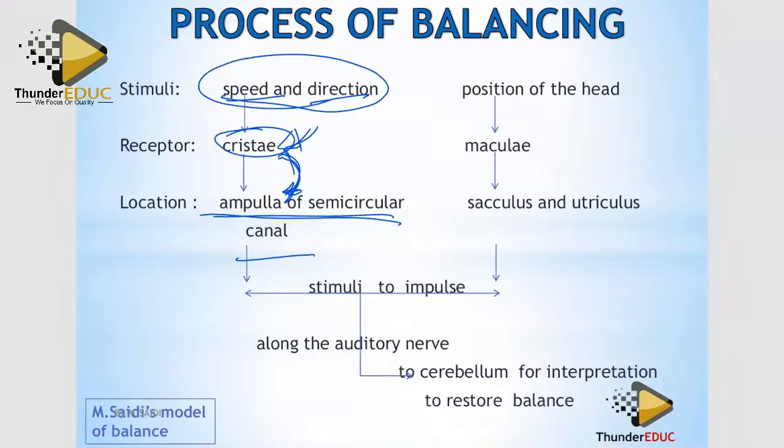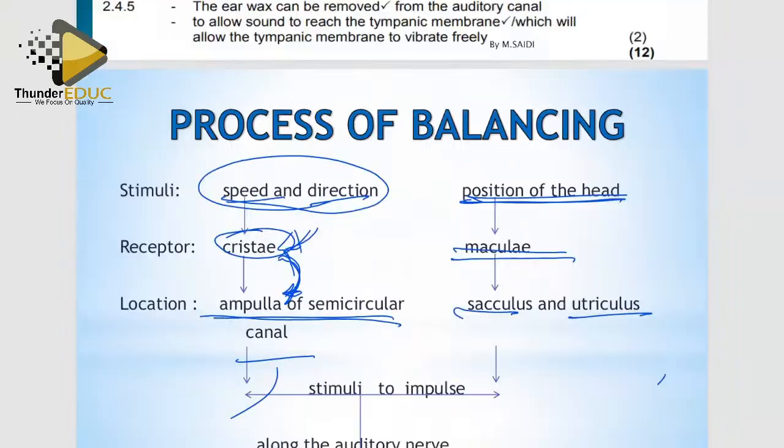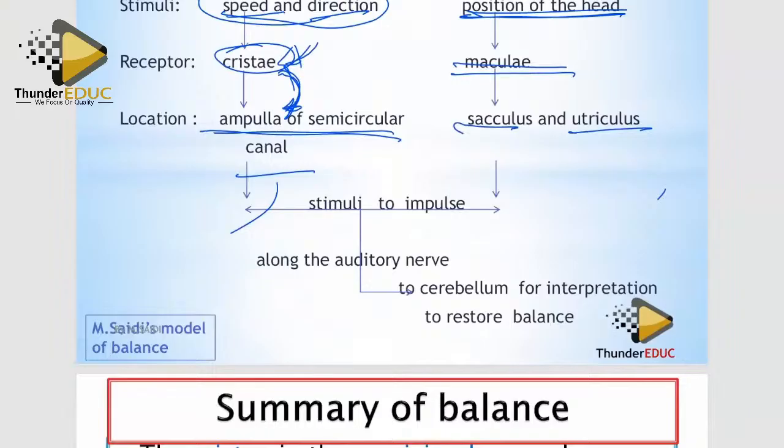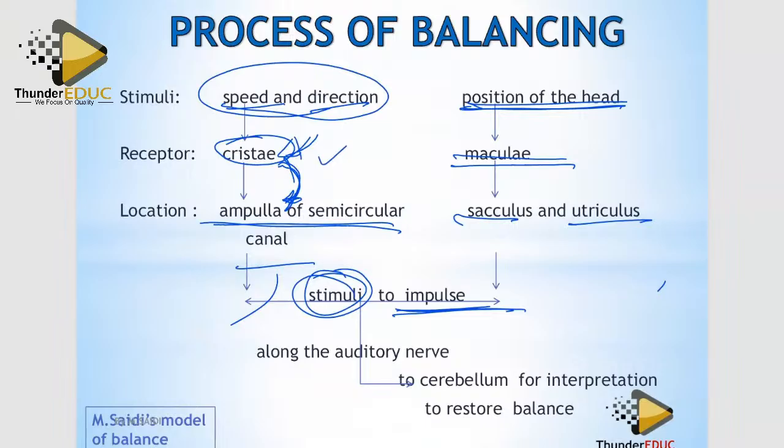You put a comma. Step 2, change in the position of the head will stimulate the maculae found in the sacculus and utriculus. That's another comma. The stimuli is converted into a nerve impulse. The stimuli from here and here, that's why it's called stimuli, the plural of stimulus.